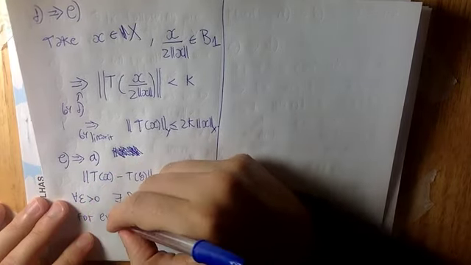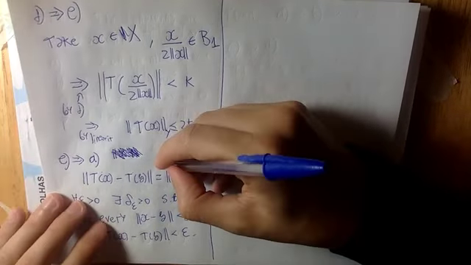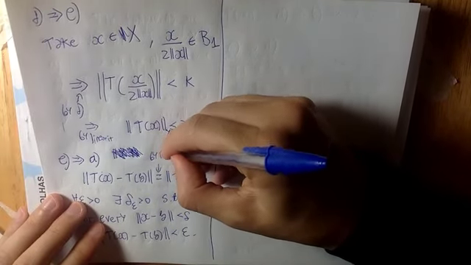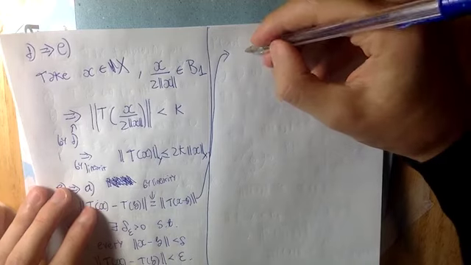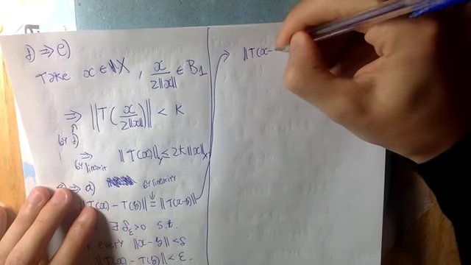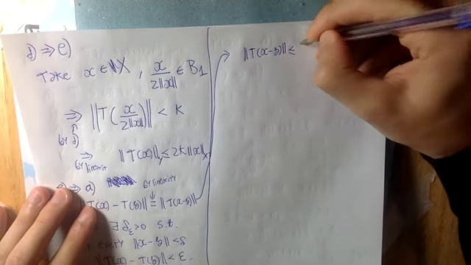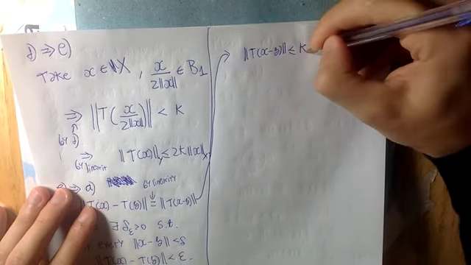Now, the norm of T of x minus T of y is the same as the norm of T of x minus y, by linearity. And this is less or equal than k times the norm of x minus y, by E.